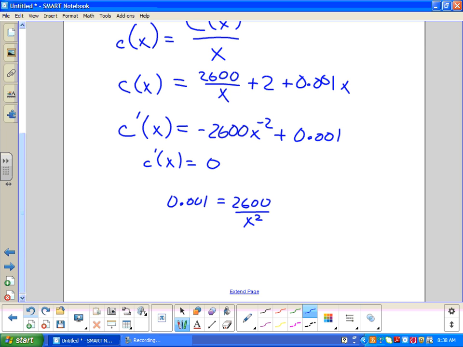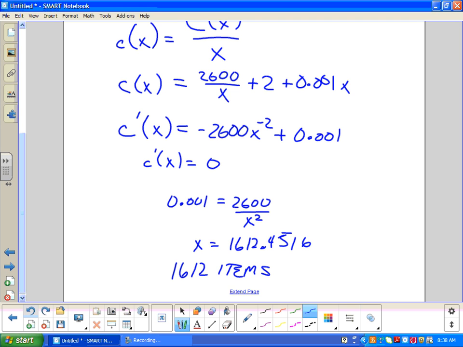I have to take that to the 0.5 power. And I get X equals 1612.4516. Now here's the thing. We've got to use our noggin for something besides something to keep hair on, okay? Can I have 0.4516 of an item? No. I have to make a decision here. And I'm going to say, hey, this is optimized. I'm going to round. 1,612 items is the minimum.